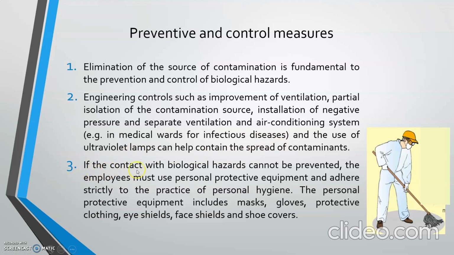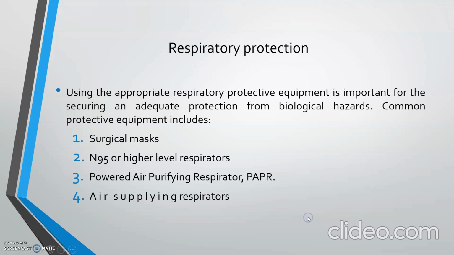And third, if the contact with biological hazard cannot be prevented, the employee must use personal protective equipment (PPE) and adhere strictly to the practice of personal hygiene. The personal protective equipment include mask, glove, protective clothing, eye shield, face shield, and shoes cover.